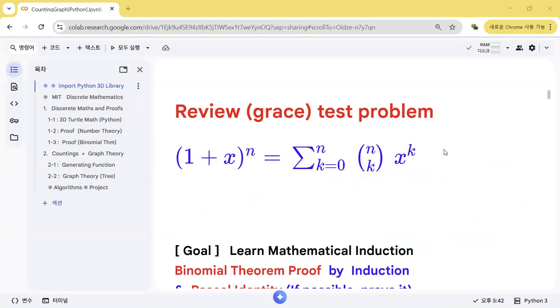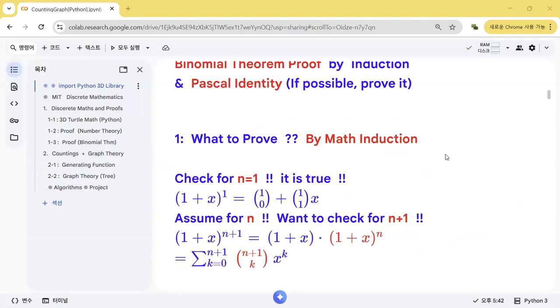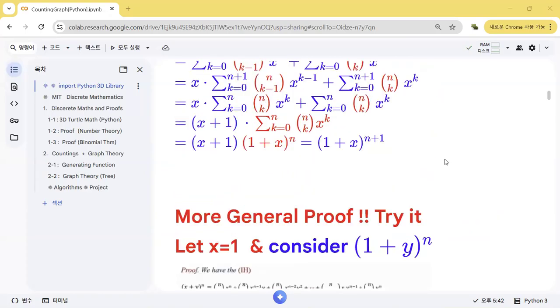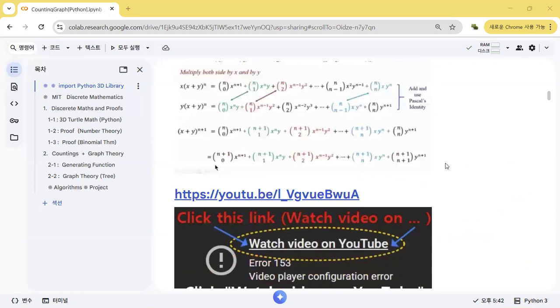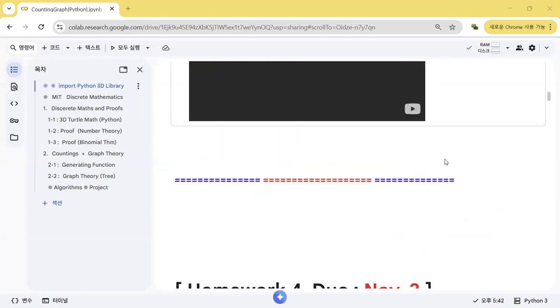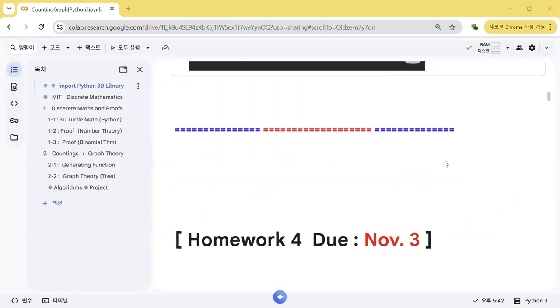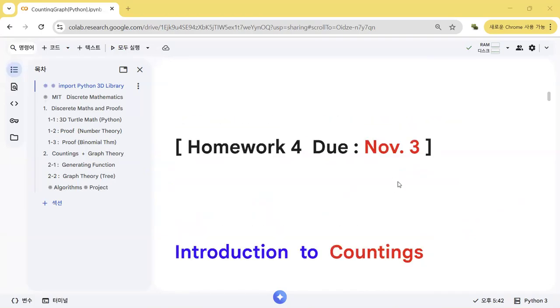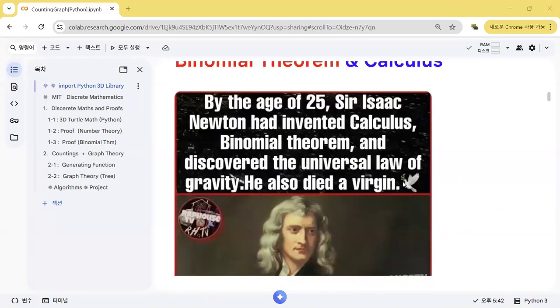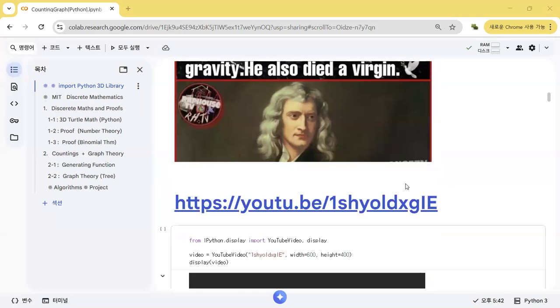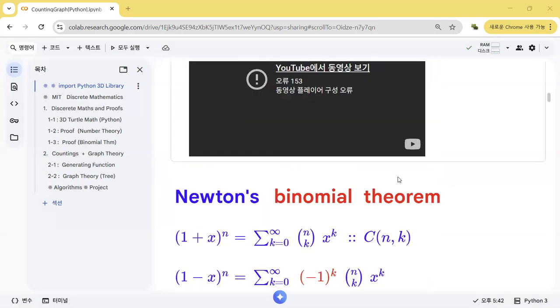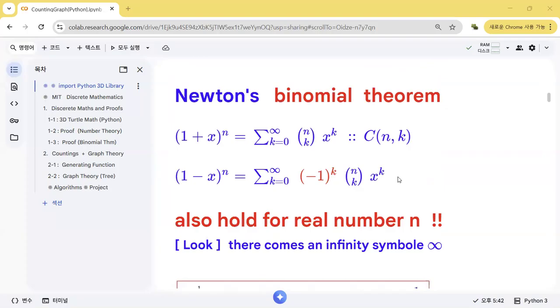Okay, then let's go to homework 4. Homework 4 is, this is homework 4. Now we are entering Newton's generalized binomial theorem.